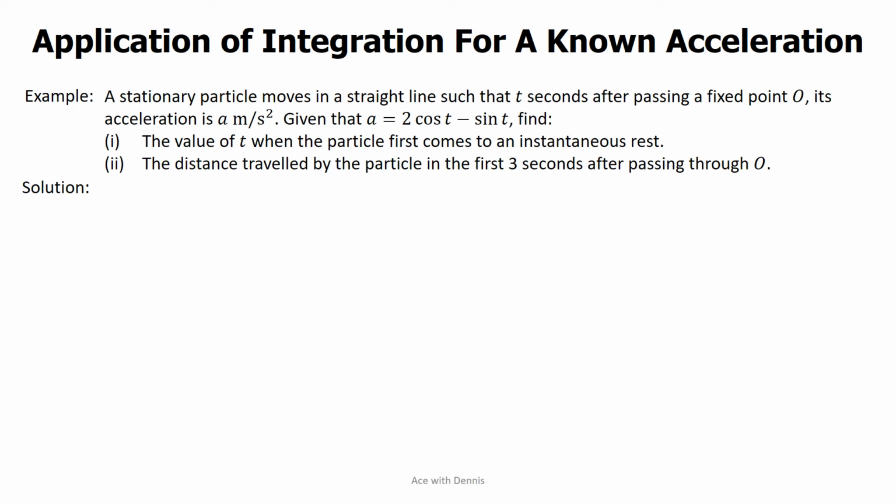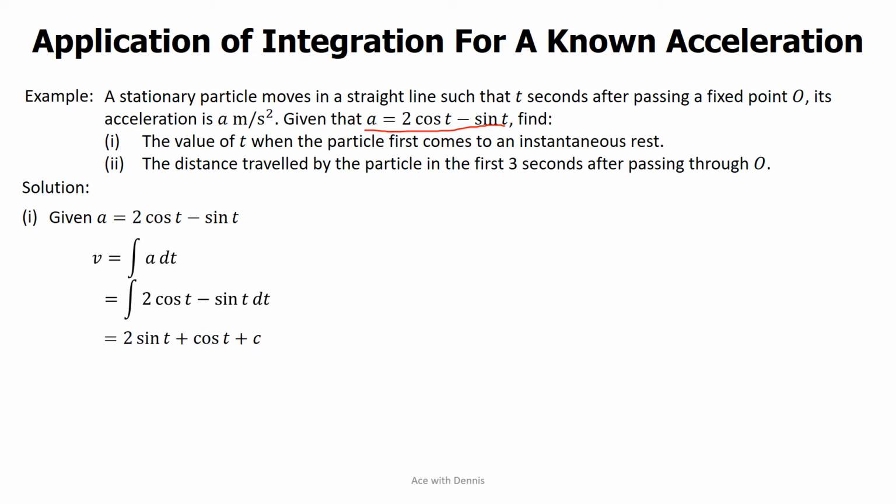Here is the solution. As I mentioned just now, the equation of the acceleration is given, which is a equals 2 cosine t minus sine t. So we want to find the equation of the velocity, which is v equals integration of a dt, equals integration of 2 cosine t minus sine t, and we get 2 sine t plus cosine t plus c.